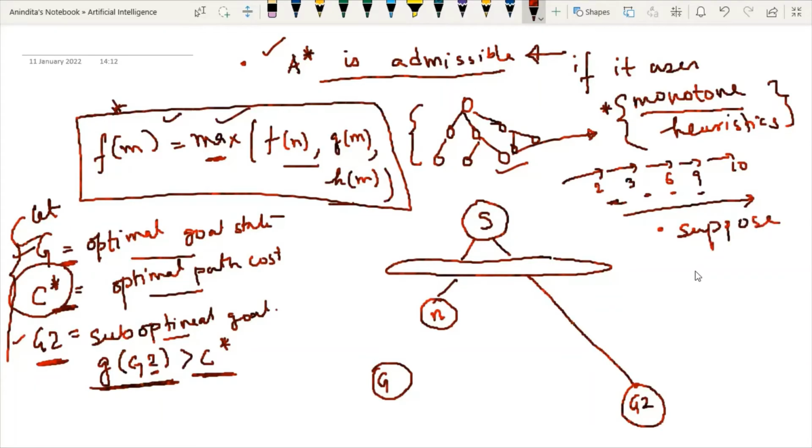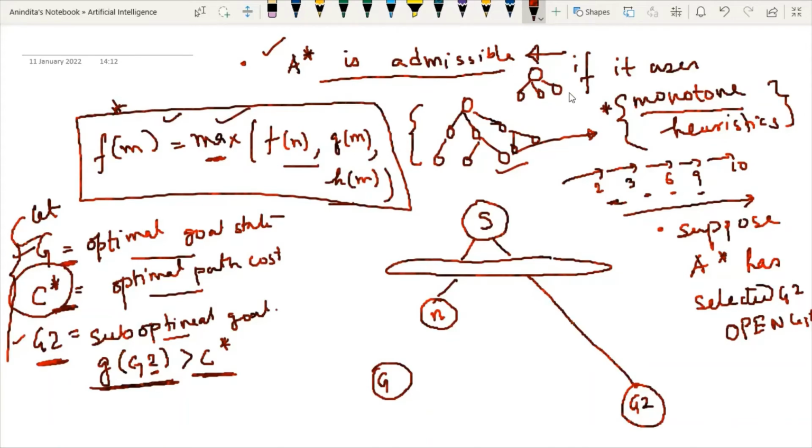Suppose the A star algorithm has selected G2 from the open list for its expansion, because in the A star algorithm each time a node will be selected from the open list and it will be expanded.